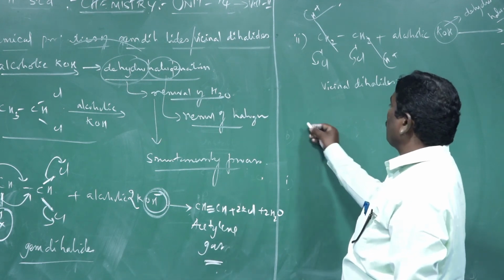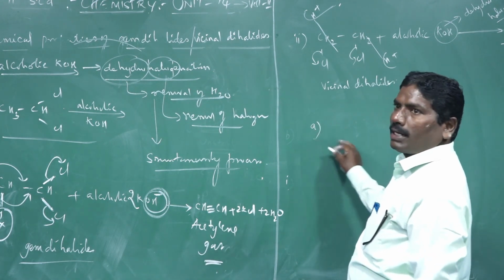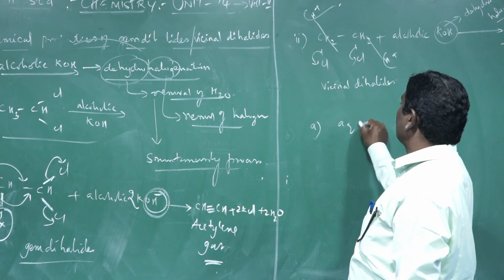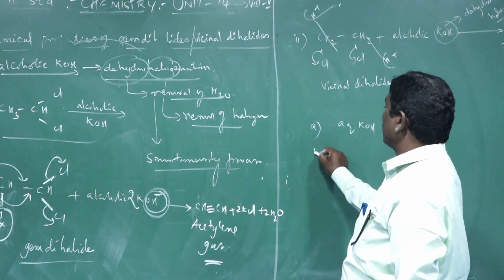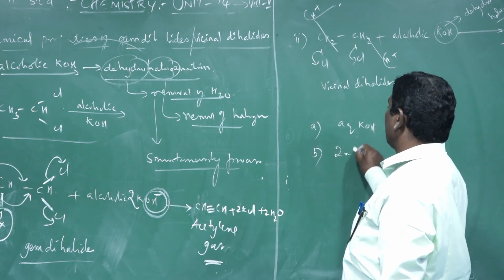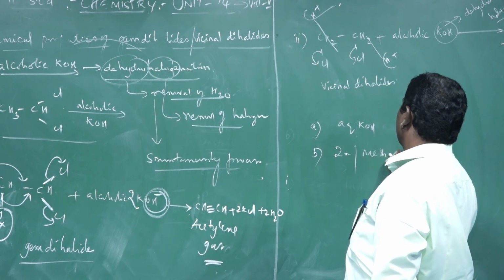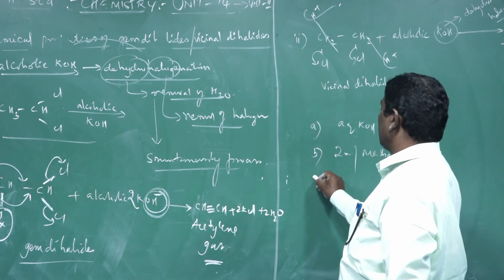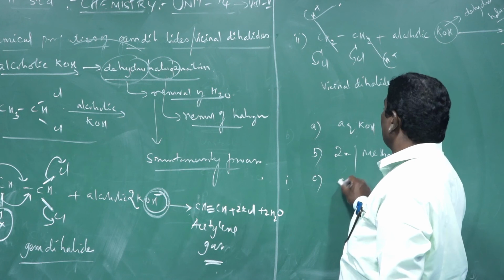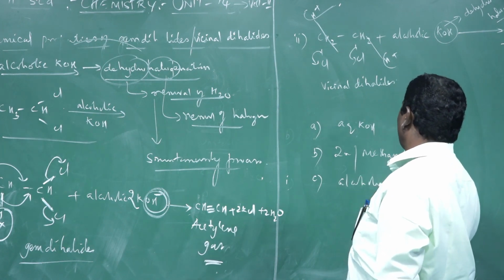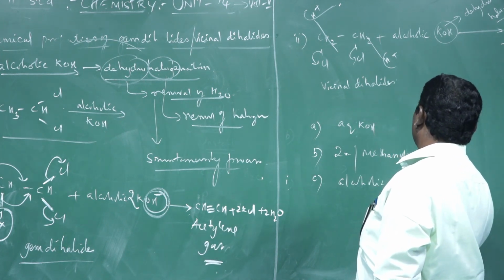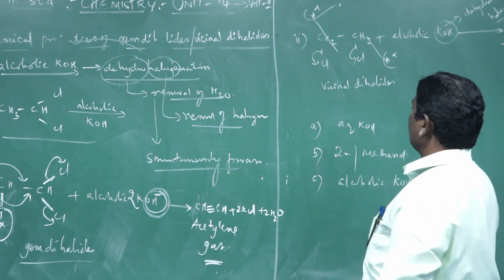The second, that is zinc in methanol. And the third chemical property, that is alcoholic KOH. These are the chemical properties we have seen.